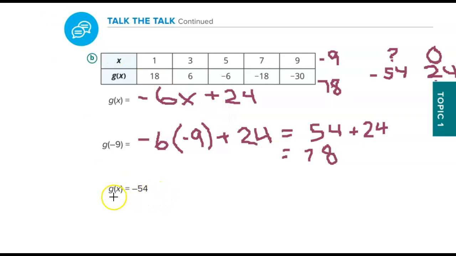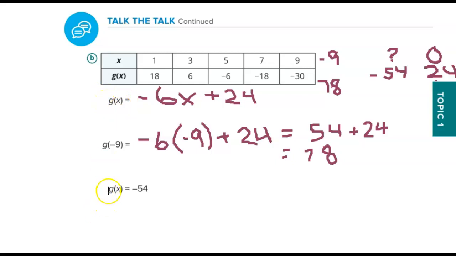Now, the next thing is kind of in reverse, right? In this circumstance, we're given that our output is -54. G of x is our output. It's kind of like saying y equals -54. And so we want to know if our g of x is -54, what is our x value? So let's use our function. In our function, it starts off with g of x.